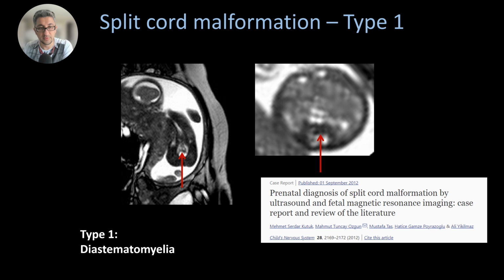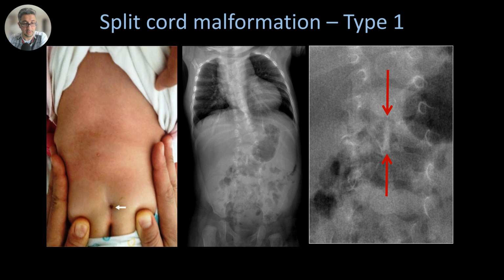Another example of a split cord malformation type 1 that we detected prenatally. Here is the prenatal MRI showing splitting of the cord on the coronal and axial images. The baby was born with an atypical dimple which was in high position associated with vertebral anomalies, and also we were able to see this bony septum within the spinal canal.